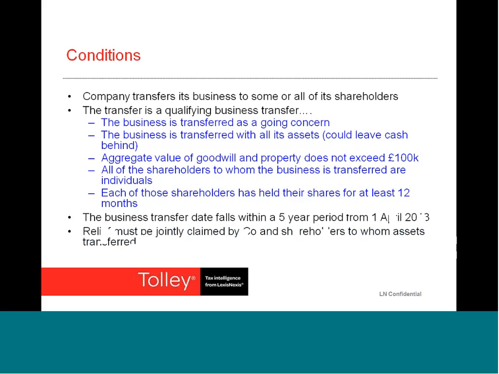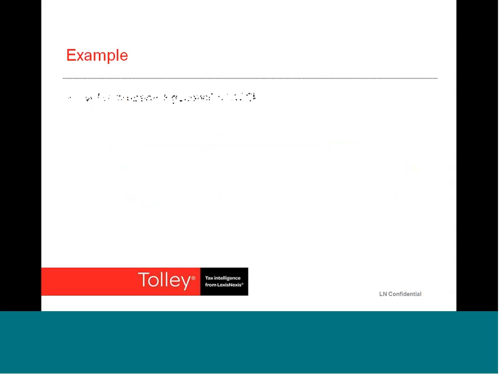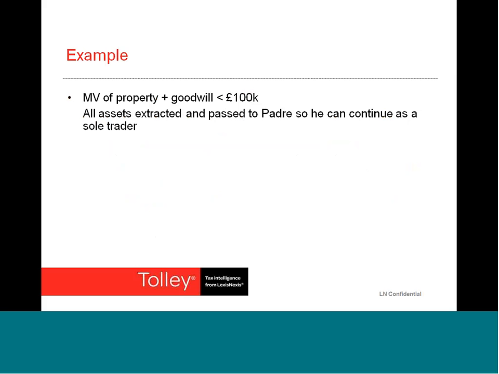So let's have a look at an example. We've got a company, and inside the company, the market value of the property and the goodwill is less than £100,000. And so what's going to happen is we want to disincorporate this business, pass those assets to Padre because he wants to continue the business as a sole trader.